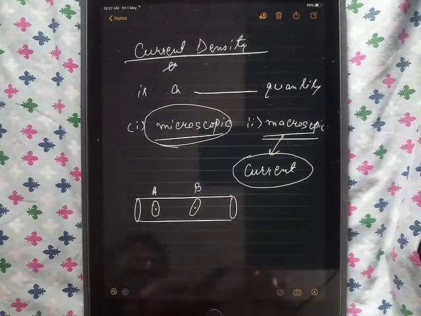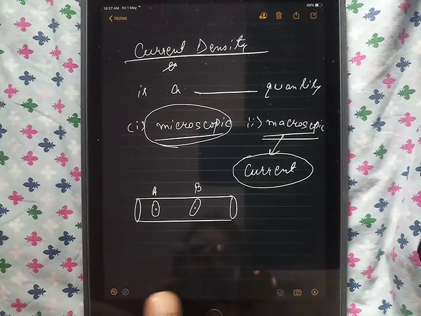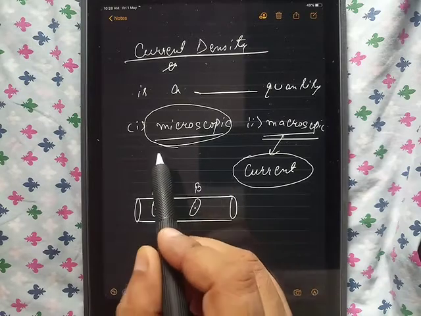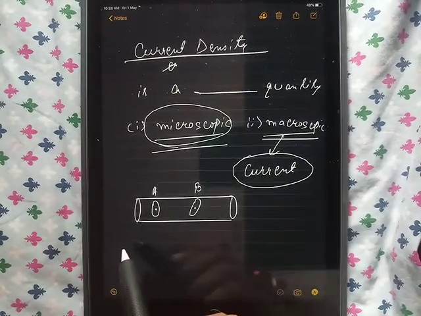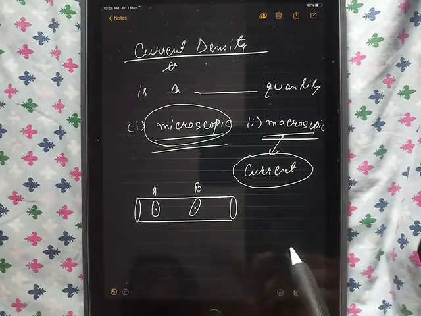Then for both the points current density will be different, but for both the points current will be the same. So current density is called a microscopic quantity and current is a macroscopic quantity.